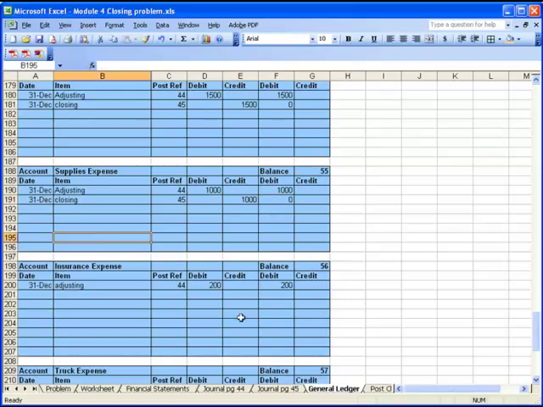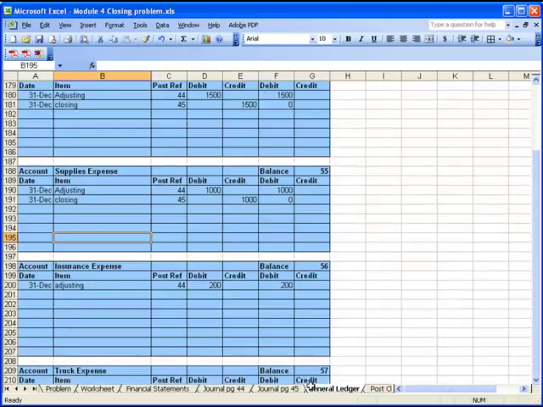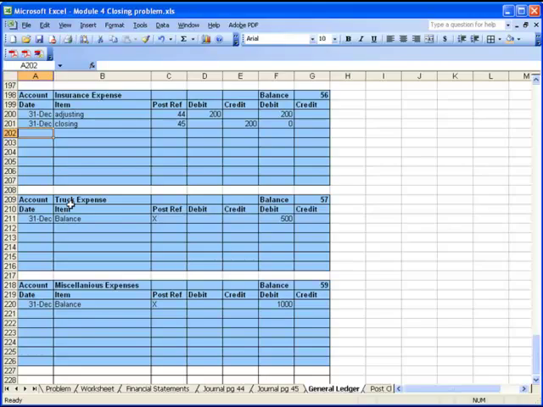Zero out that account. Insurance expense, $200. Makes that balance 0. And we have 2 more expense accounts to zero out.